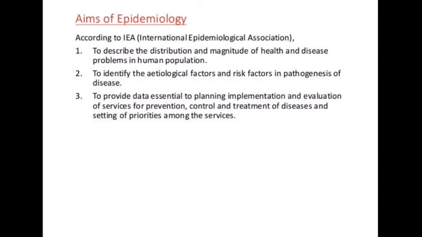Aim of epidemiology. According to IEA, that is International Epidemiological Association, its aim is, first, to describe the distribution and magnitude of health and disease problem in human population. The second is to identify the etiological factors and risk factors in pathogenesis of disease.